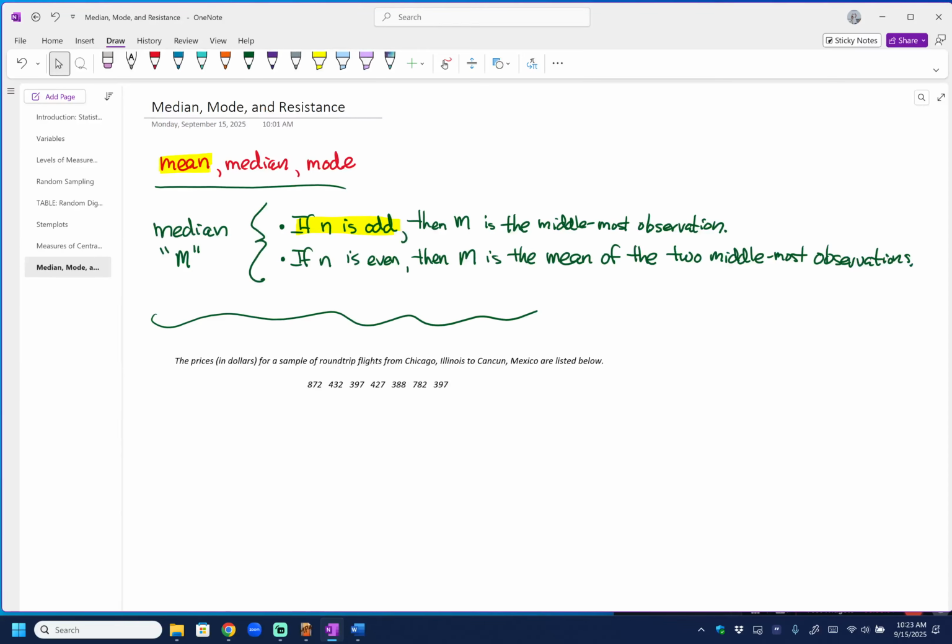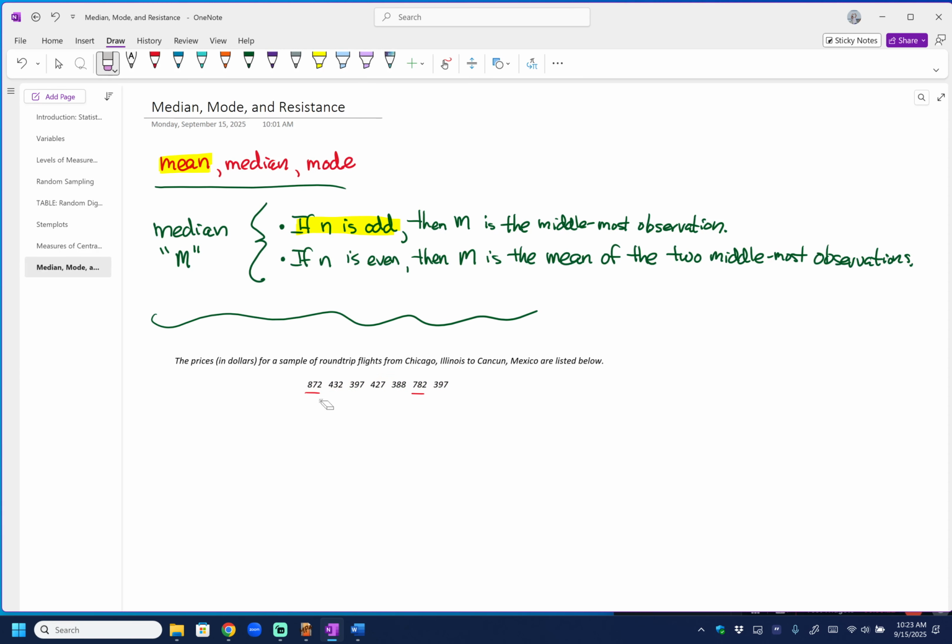All right, so let's look at an example. It says the price in dollars for a sample of round-trip flights from Chicago, Illinois to Cancun, Mexico are listed below. What you see right here is a list of 7 flights and their prices. There are a couple of large ones there, 872, 782, and some smaller ones.